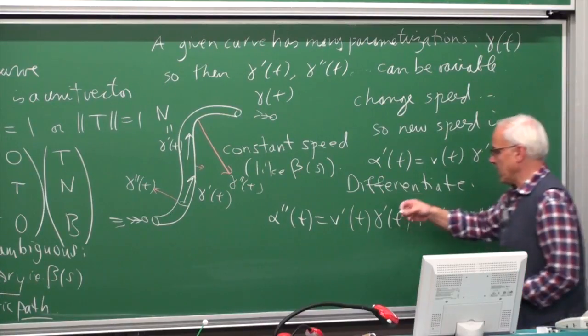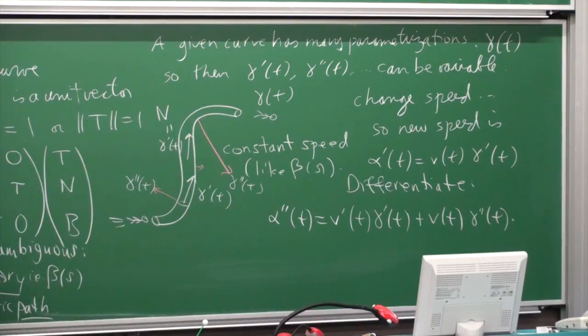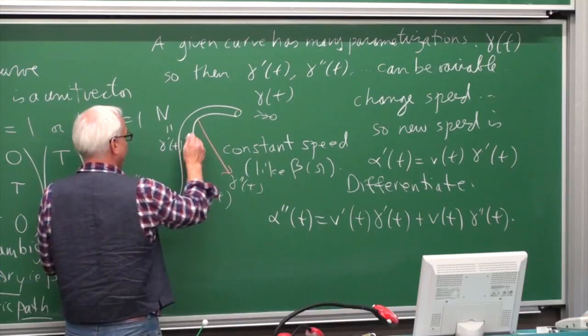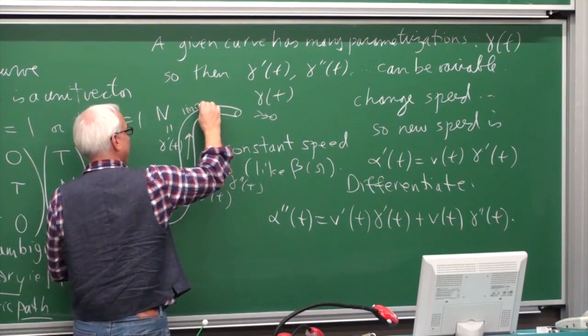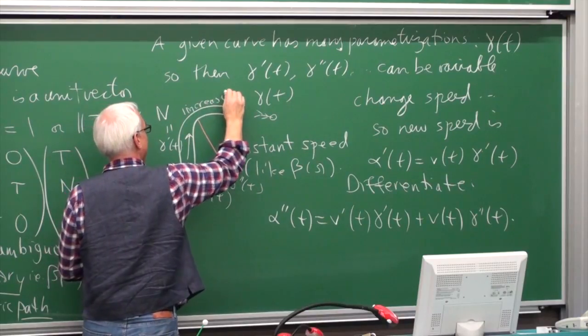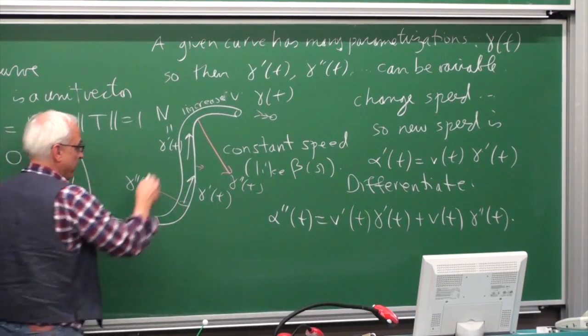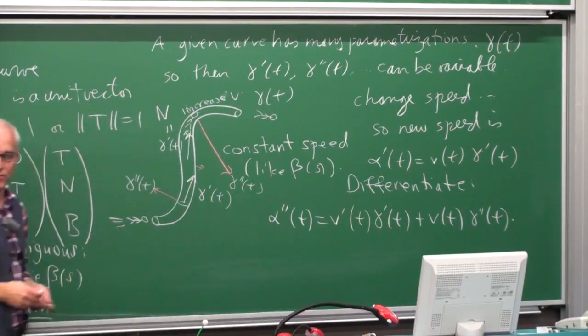And what this equation is telling us is that the new acceleration, let's say at this point here, he decides to increase the speed. In that case he's going faster. He has a little rocket, and that's giving him some extra boost.